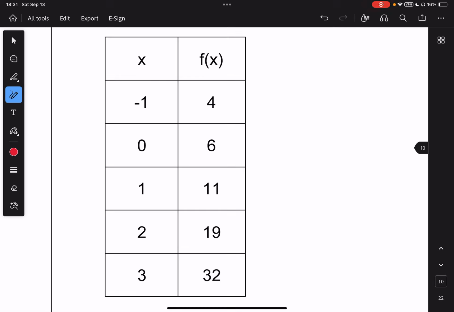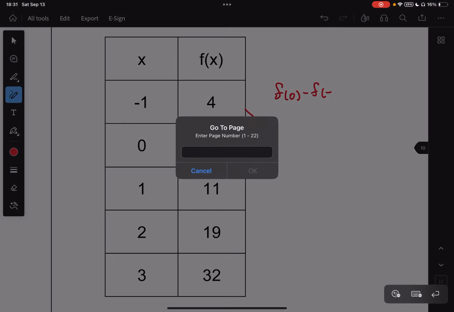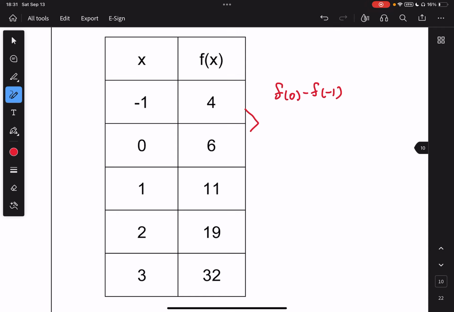So going from our x from -1 to 0, we're going to find the slope. So we're going to do the change in our y values. So f of 0 minus f of -1 all over 0 minus -1. So what is our f of 0?